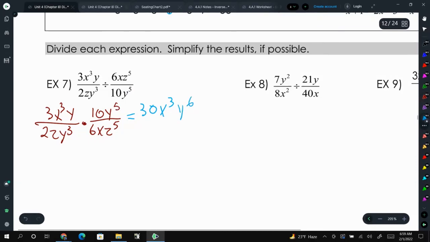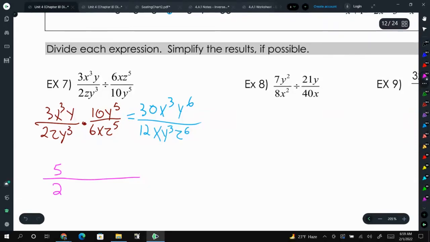So then it becomes y to the sixth when I multiply, over 2 times 6 is 12, and then we have x, y to the third, and z to the sixth. And then we can simplify this. 30 over 12 reduces to 5 over 2.